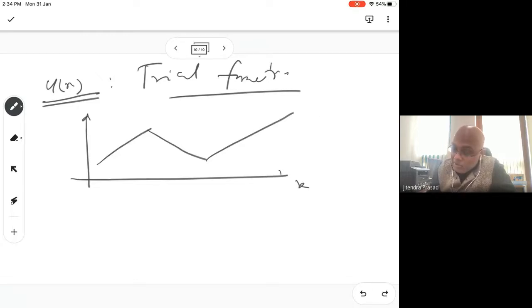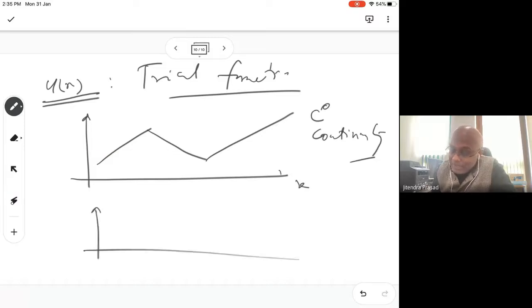C0 continuity, right? But what happens is if you differentiate, it will be something like this. It will be like here, here, here. So not as smooth, right?